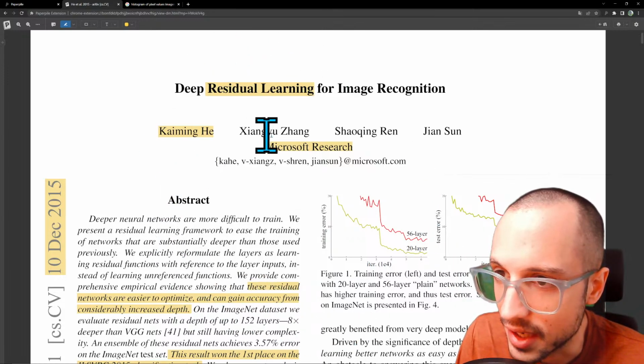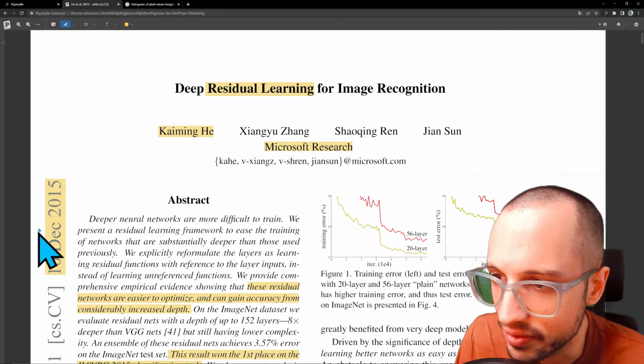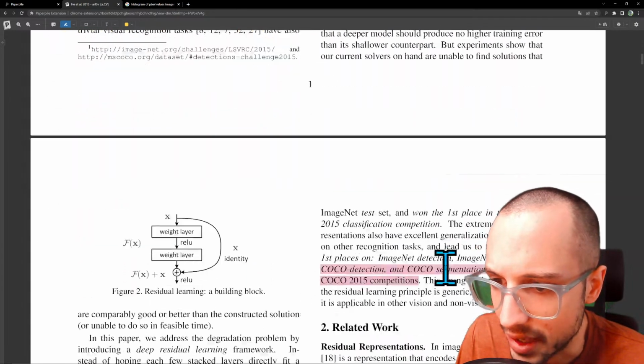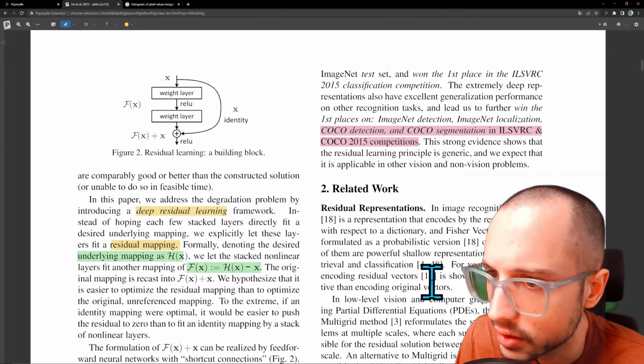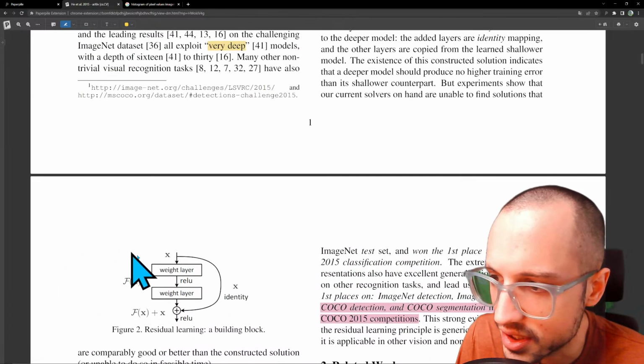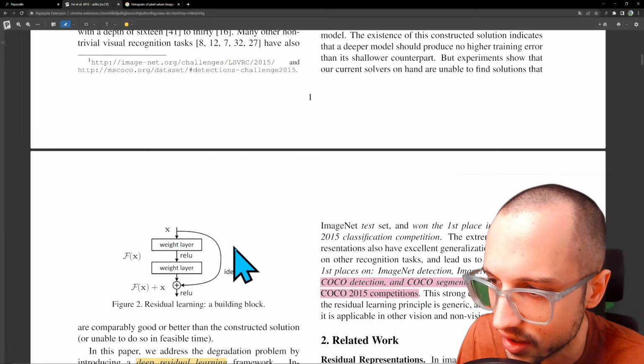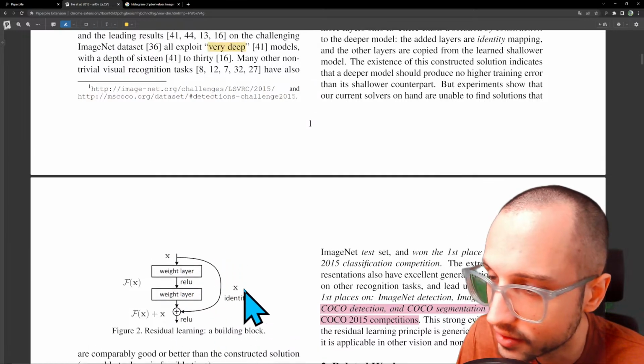I don't know, maybe I'm psychoanalyzing the motivation of researchers too much, but very cool paper for sure. The simplest answer is the best: identity mapping, or just taking the X here and just adding it over there.